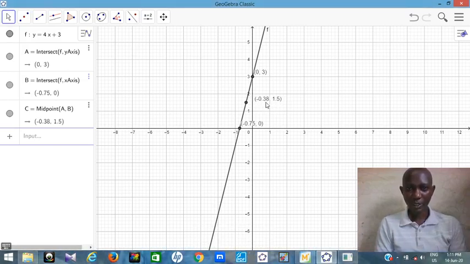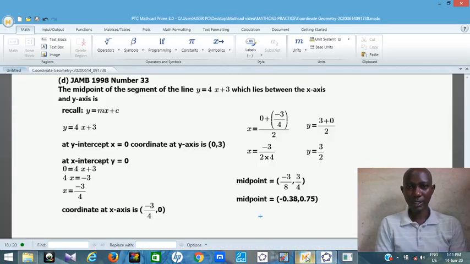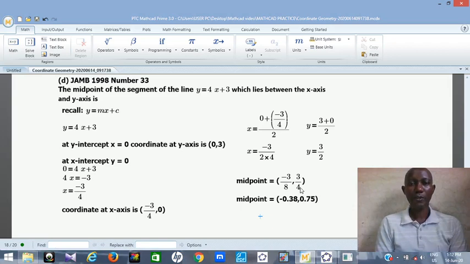This is minus 0.38. This is 1.5. Let me see where we missed it. 1.5. Okay, so y is 3 over 2, not 4. So I can correct this here.